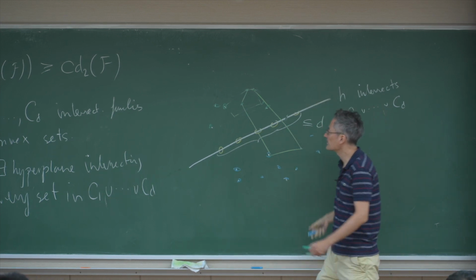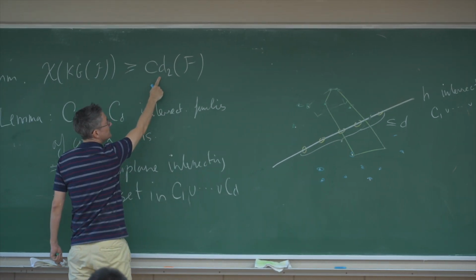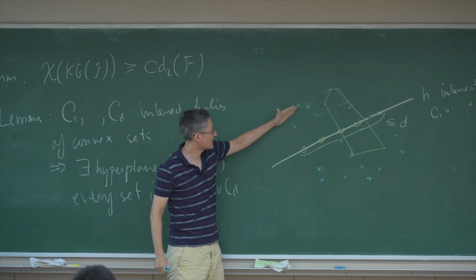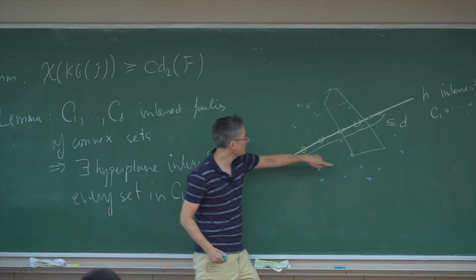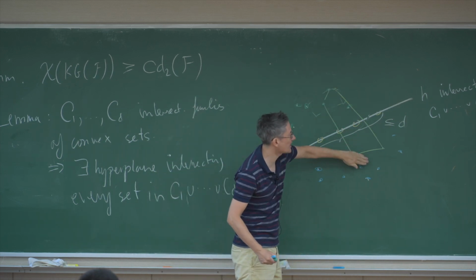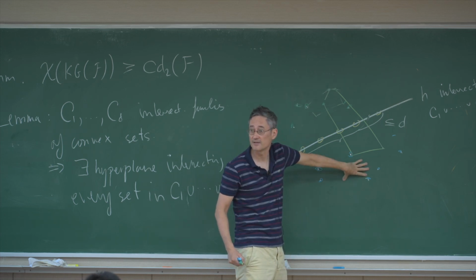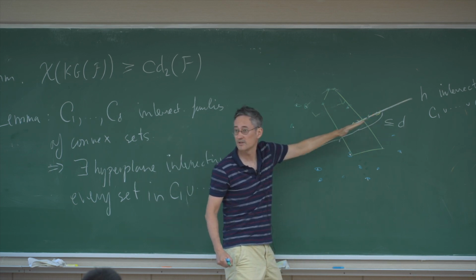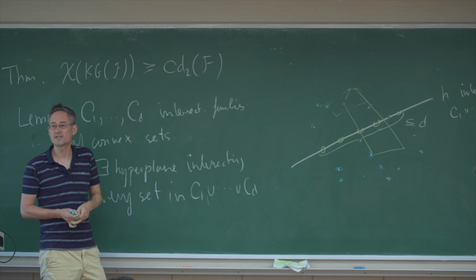Remember, I'm looking for the 2-colorability defect, meaning I want to delete as few vertices as possible such that the remaining induced subhypergraph is bipartite. But all the remaining edges must cross this hyperplane, so they must pick up vertices from this side and from this side, which means every remaining edge, after I delete these yellow points, is two-colored. So what's left over is precisely a bipartite hypergraph.